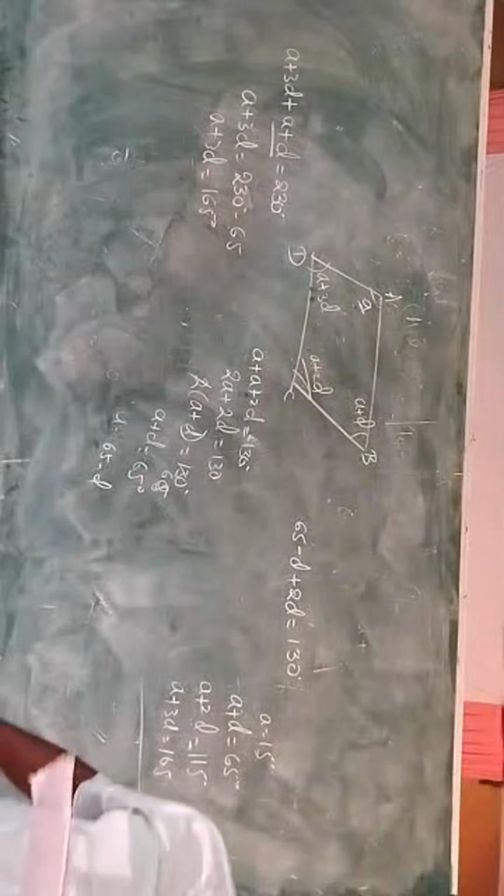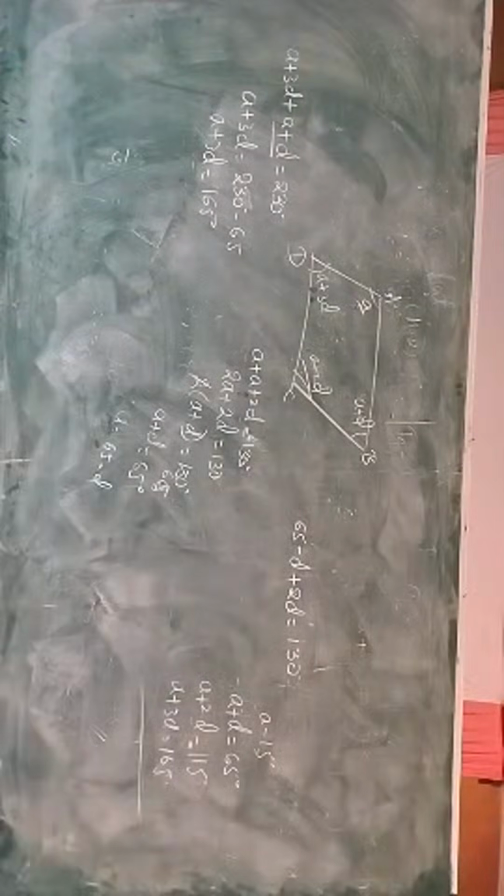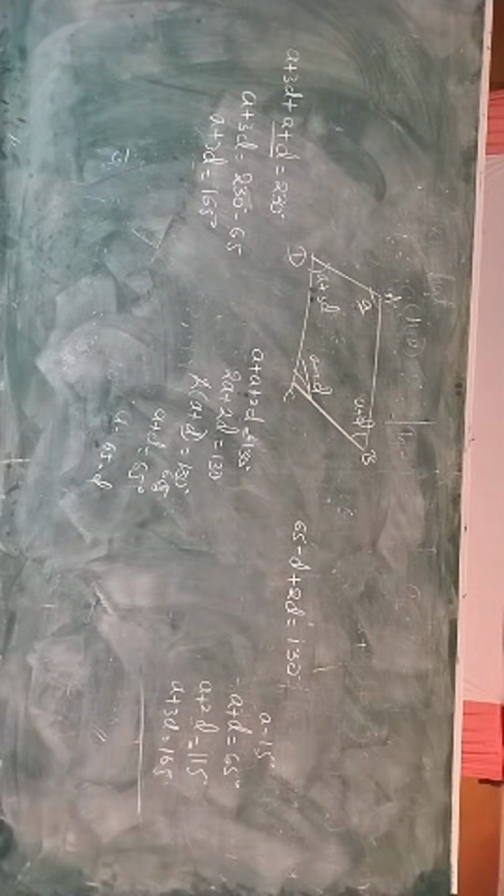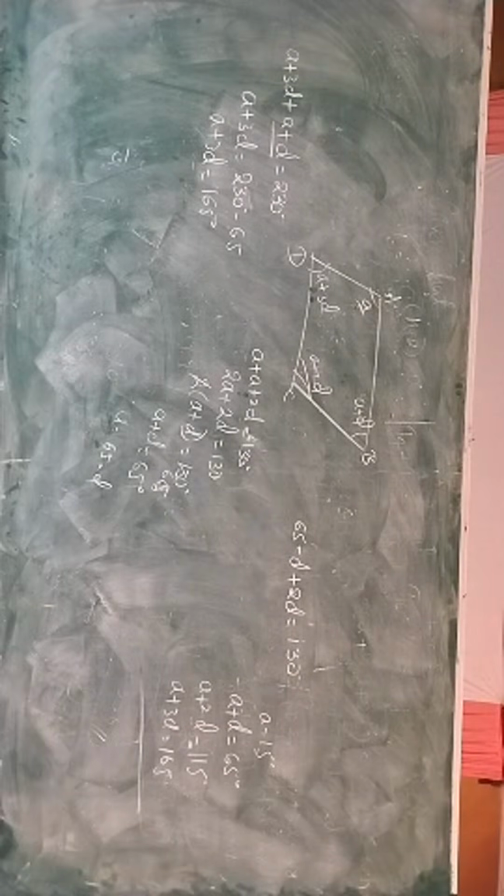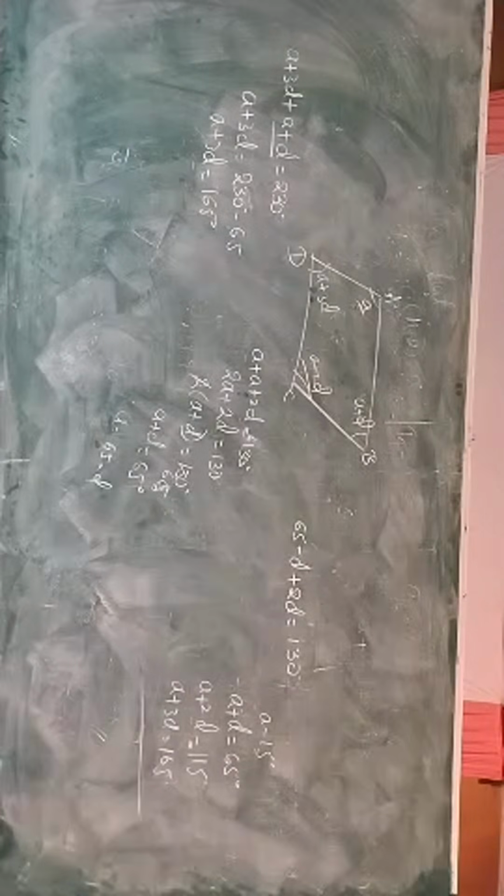The 10th term of the progression is 31. Find the last three terms of the progression and also find the progression.